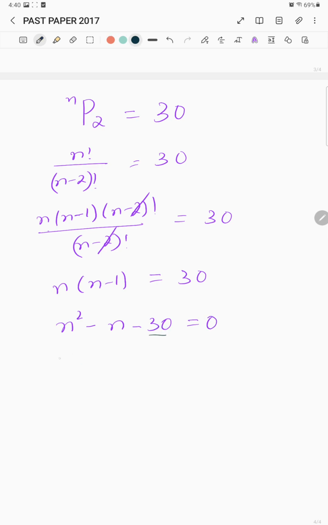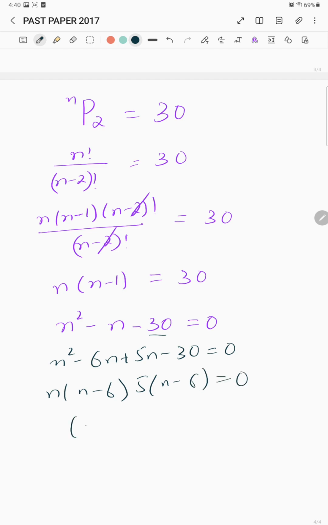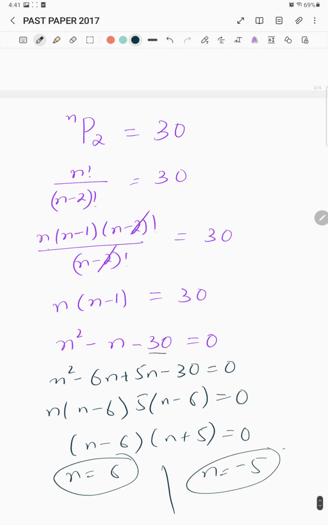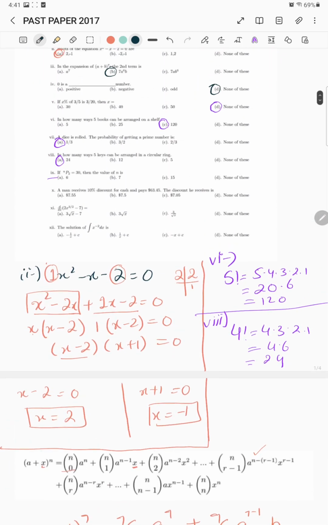So factorizing 30, it's 6 and 5, n minus 6 n plus 5, which is equal to 0. So n is going to be 6. We will take the positive value and n is going to be 6.